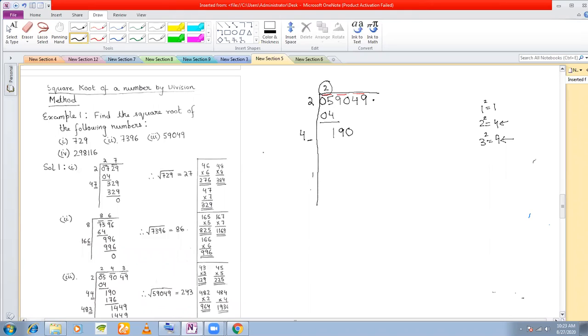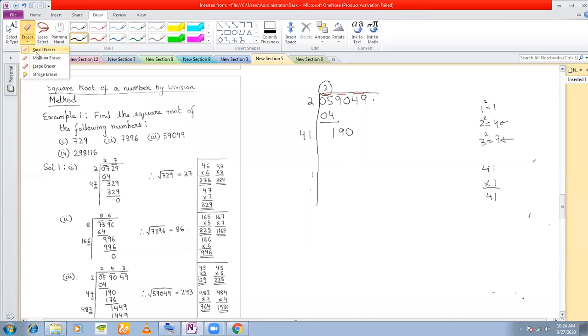Now we are going to insert this digit here. So let's try. Let's insert 1 first. Now 41 into 1 is 41, which is much less than 190.